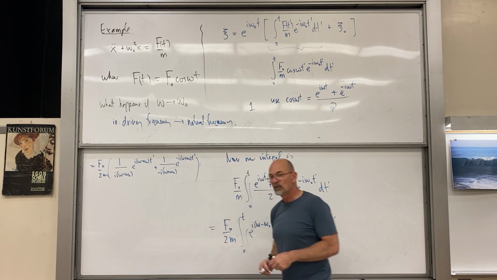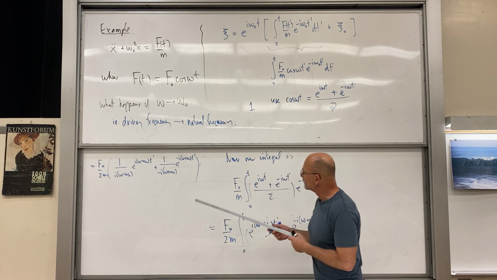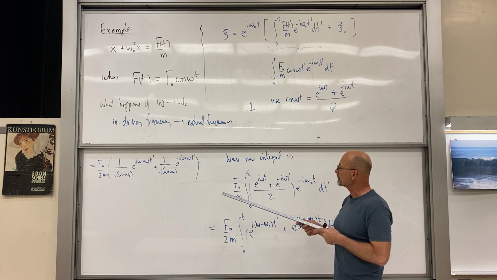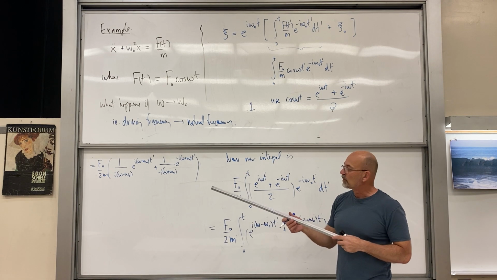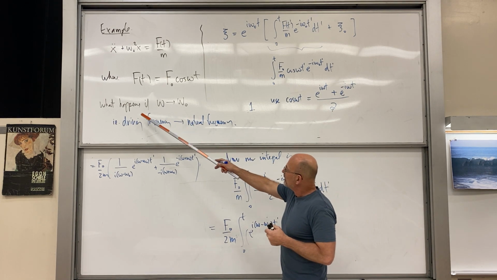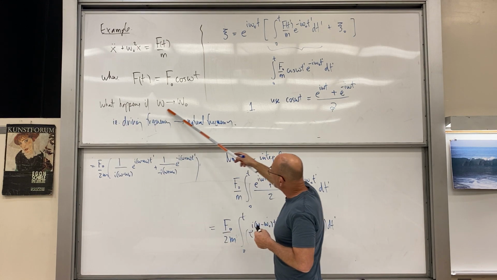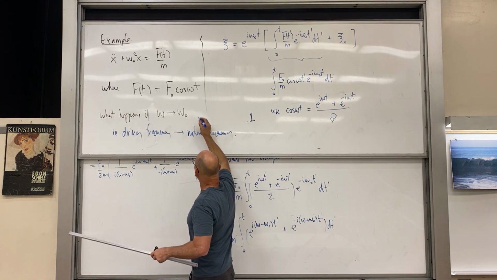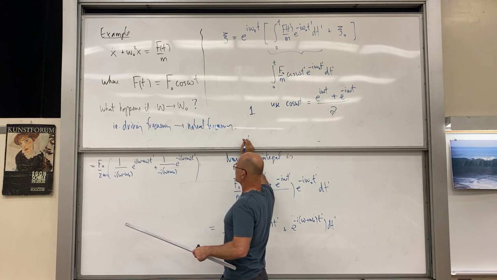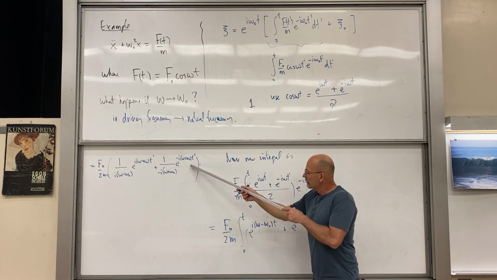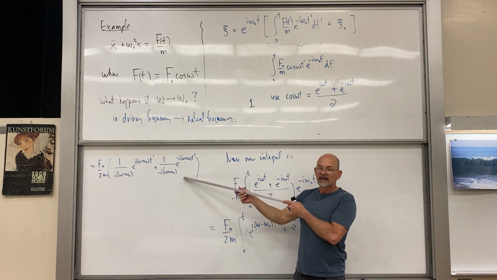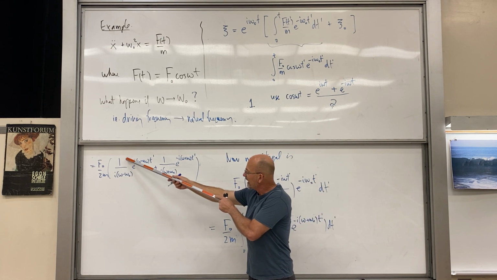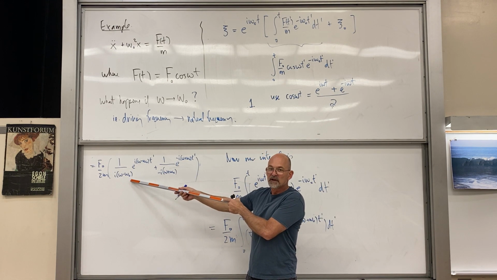So yeah, there will be no difficulty evaluating this, but I can already point out something. We're saying, what happens if omega goes to omega naught? Okay. Well, whatever is going on here isn't going to give us any trouble, but over here we see we have 1 over omega minus omega naught in the denominator.